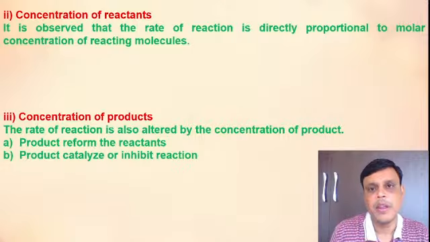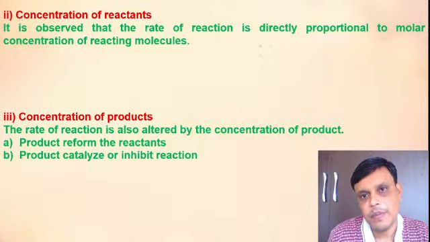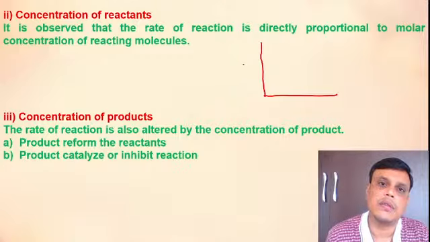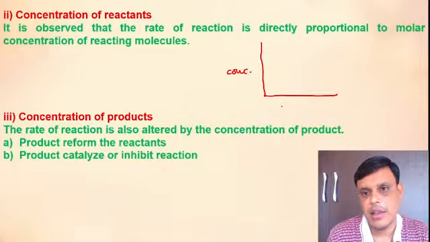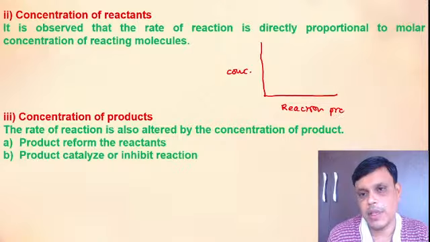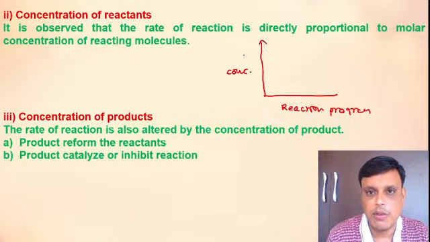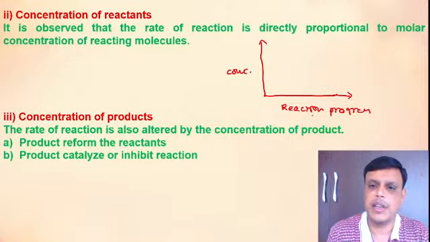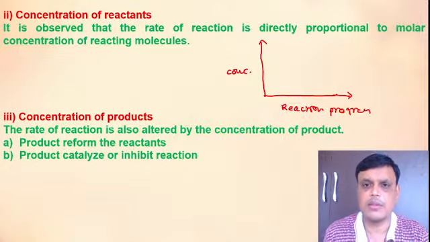For example, if you see here, I will plot a graph. Here concentration is there, and here reaction progress is there. So on the y-axis concentration is there, and on the x-axis reaction progress is there. It may be time or whatever factor we are considering.